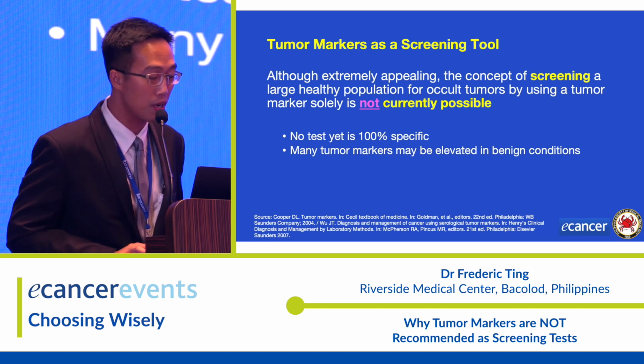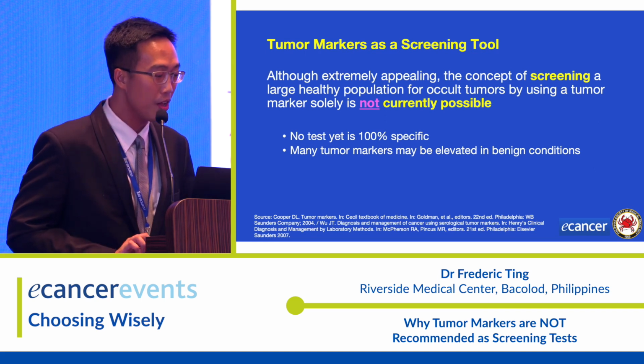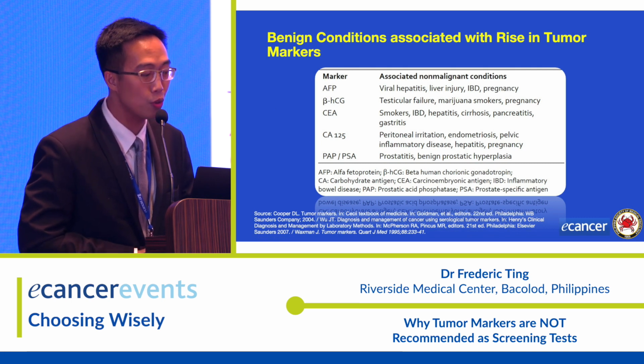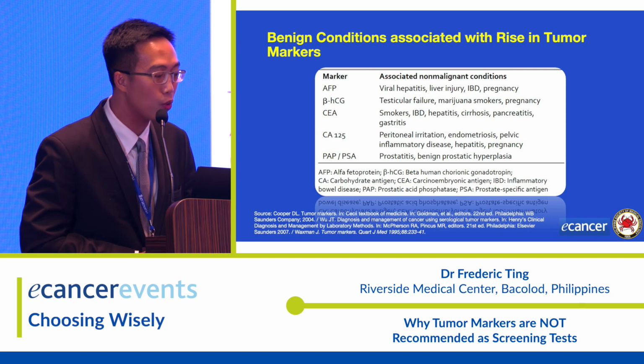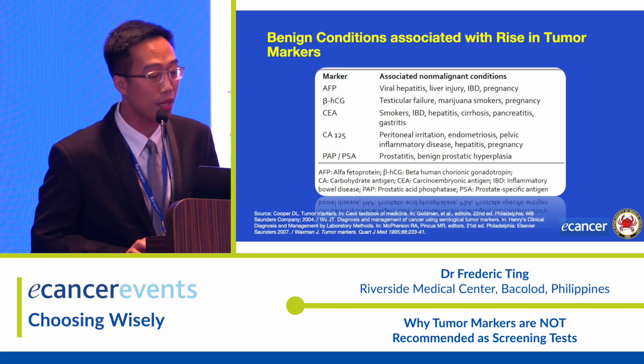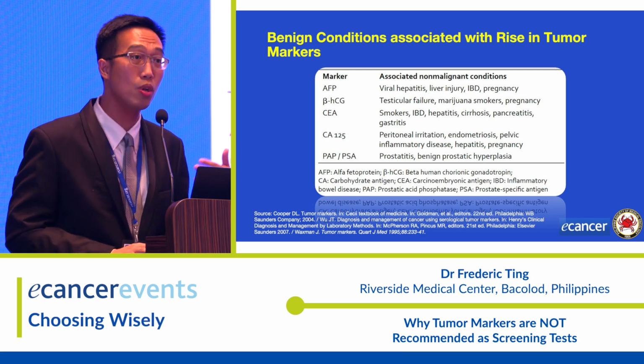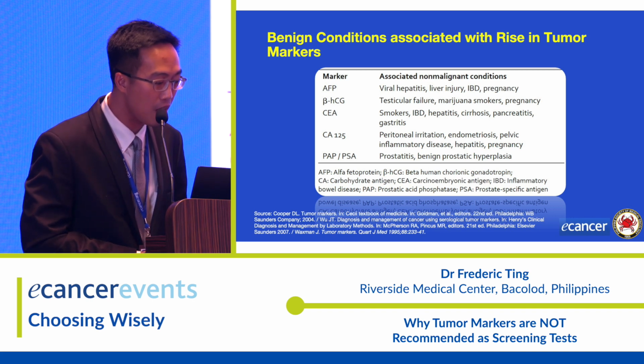And what conditions are these? There are just so many, but to mention a few, these are some of the benign conditions associated with a rise in the different tumor markers. If a patient has viral hepatitis, liver injury, IBD, or pregnancy, it may result in an elevated AFP.